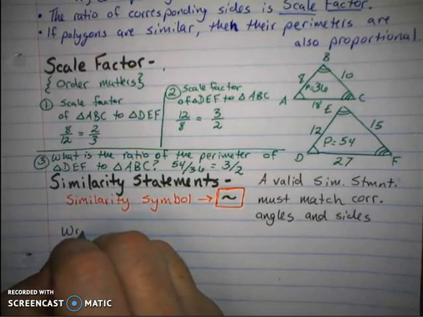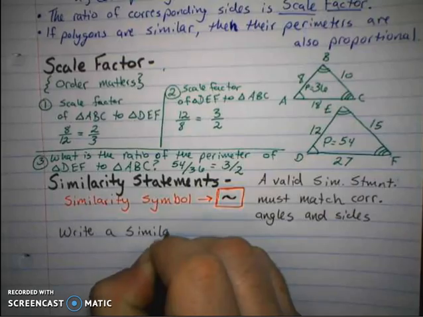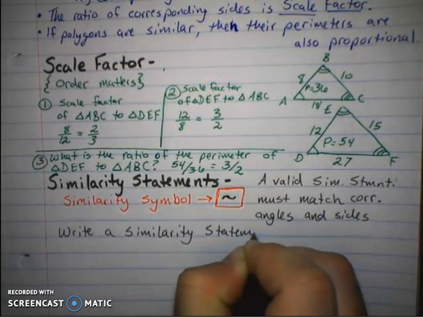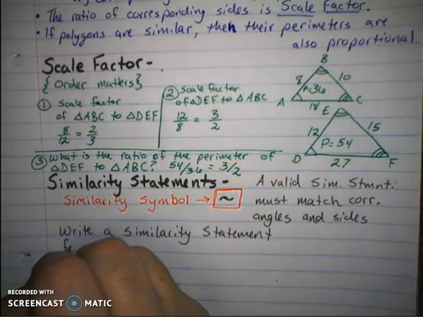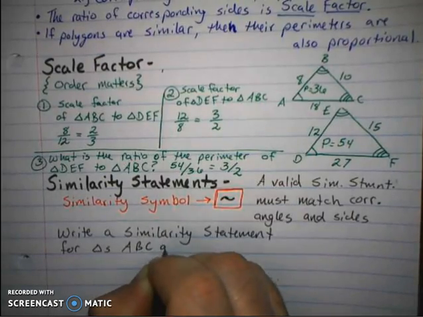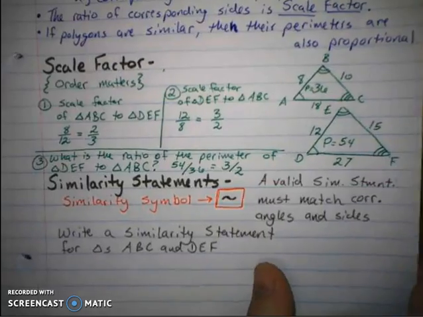So what I'd like us to do is to write a similarity statement for triangles ABC and DEF that we were using above. Okay?